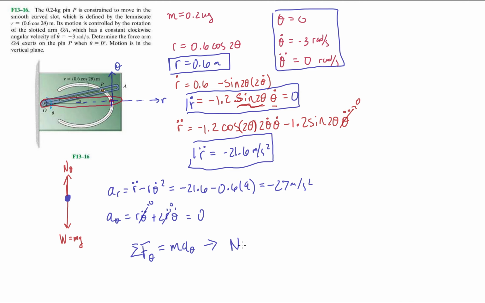It's N theta, which is what we're looking for, minus mg equals mass times acceleration. But that term is 0, and that leaves us with N theta equals mg, which is 0.2 times 9.81, 1.96 newtons. And that's it.